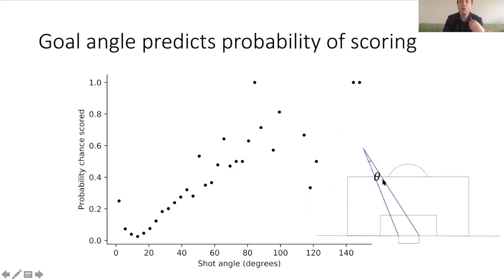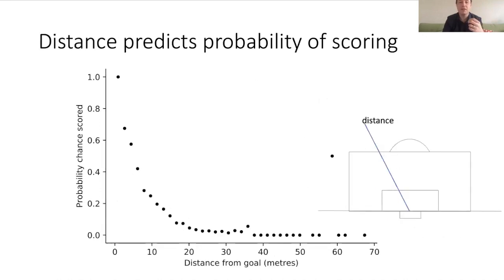So the more you can see of the face of the goal, the higher the probability you score. And then we looked at that in the data, and we found out that that was a reasonably good approximation. We also found another way of approximating, and this was distance.